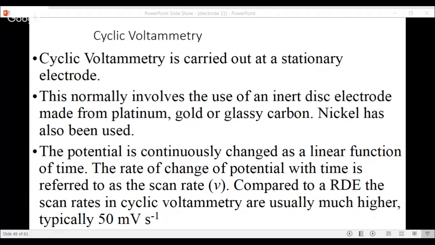Nanda, are you asking some questions? No, sir, I am telling the slide number, 22. Explain the current-voltage curve of electrode reaction.